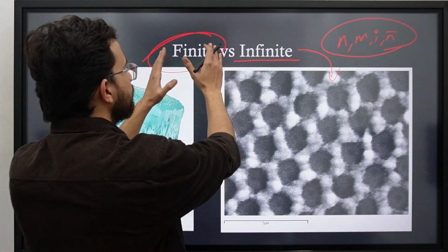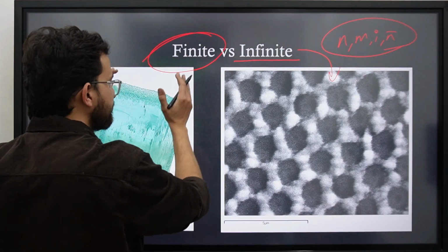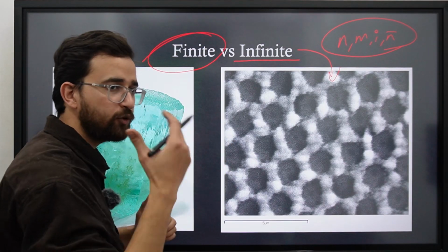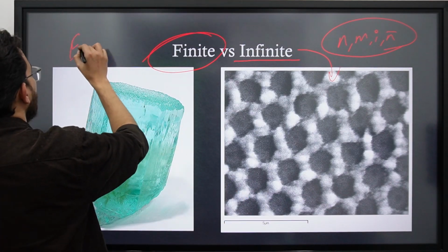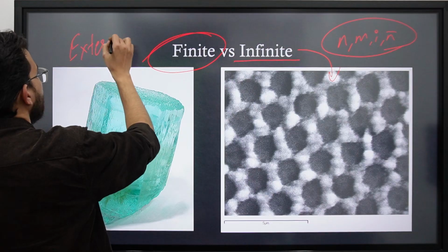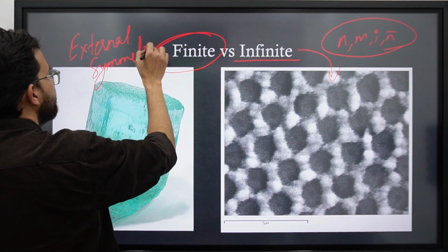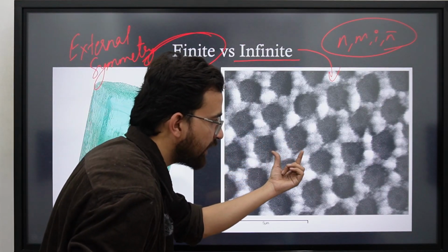Keep this in mind. Whatever we talk about is in the finite world, at the hand specimen scale, what your books call external symmetry. It is symmetry that you can see outside the hand specimen, not at the atomic scale.